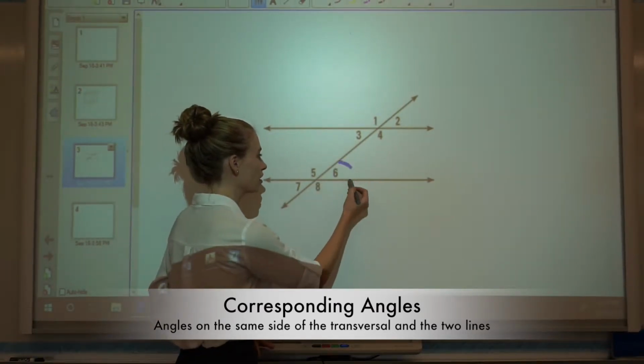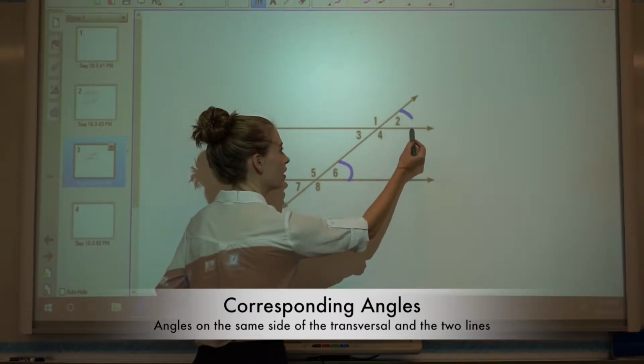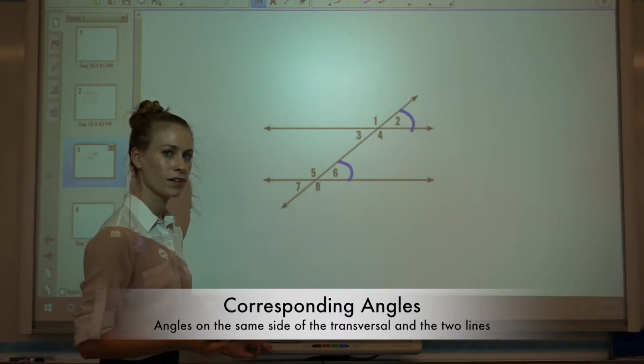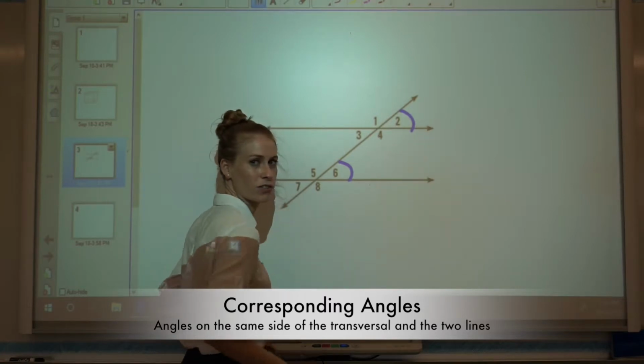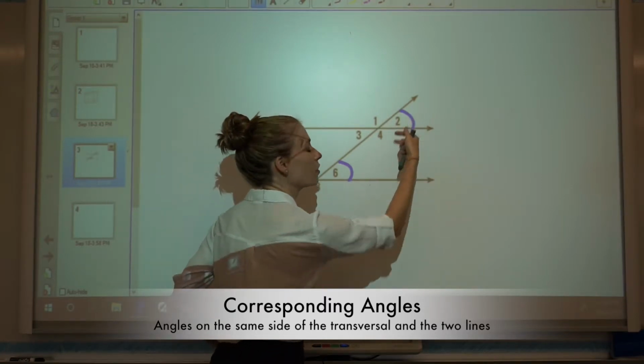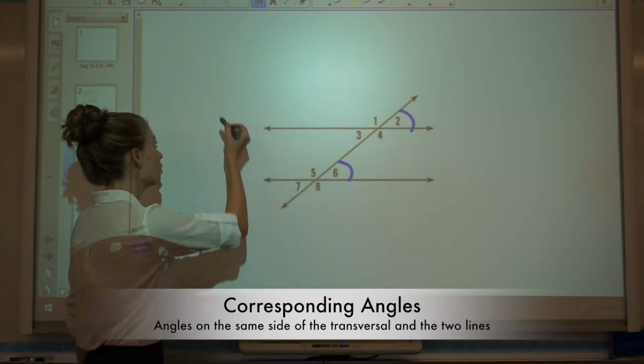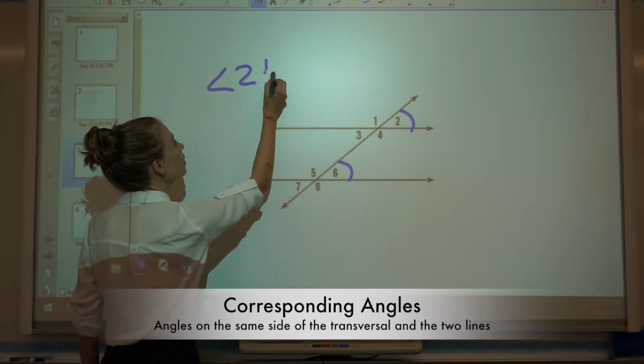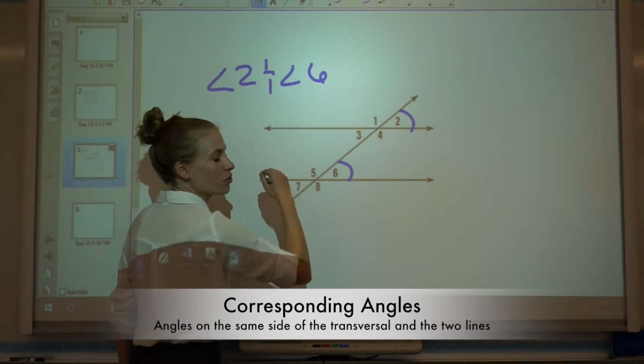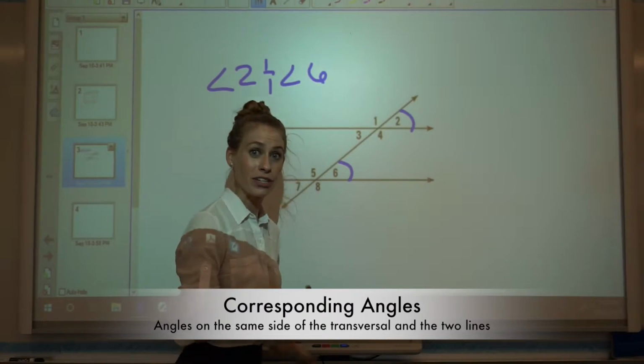So for example, this is like angle 6 and angle 2. They're on the same side as the transversal and also on the same side of the two other lines, okay? So angle 2 and angle 6 are corresponding angles. Let's see if there are any more.